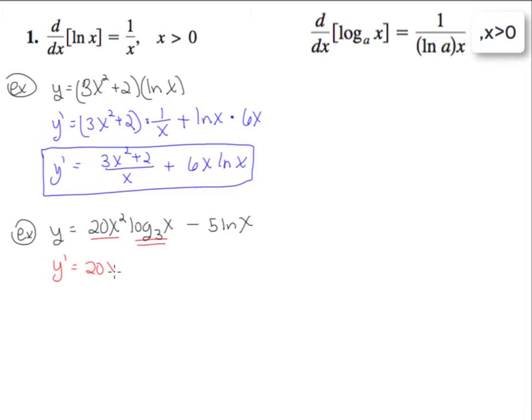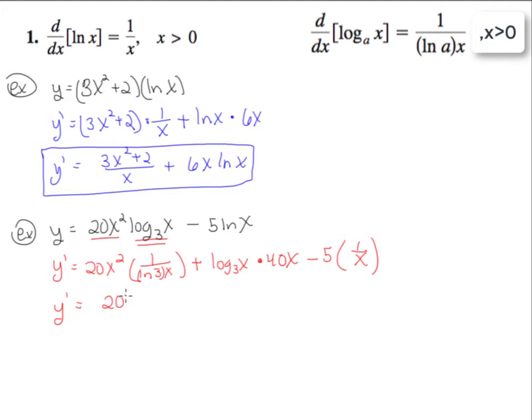I let my first term be 20x squared, times the derivative of the second term, which is 1 over the natural log of 3 times x, plus my second term times the derivative of my first term, which is 40x, minus, now this one I have a constant, times the derivative of the natural log of x, which is just 1 over x.